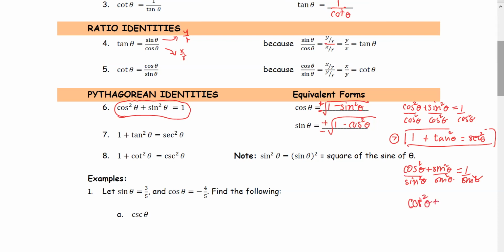Sine squared over sine squared is 1. Then 1 over sine squared, or the cosecant squared, which is identity number 8. So you can derive number 7 and number 8 using number 6, which is the one that you're going to use the most, cosine square theta plus sine square theta equals 1.